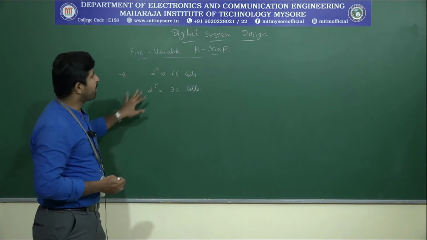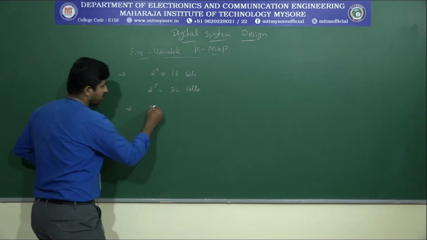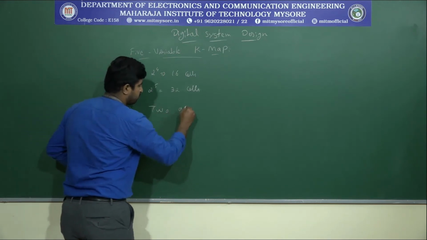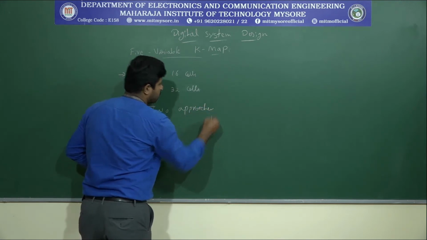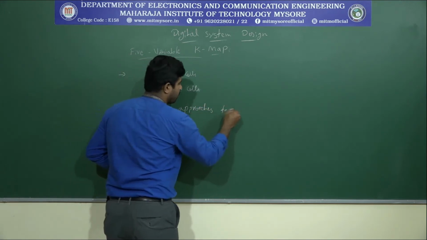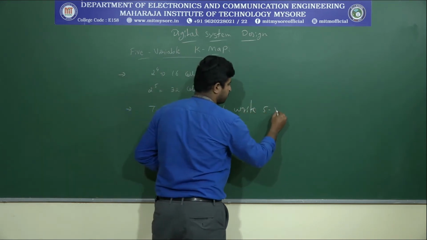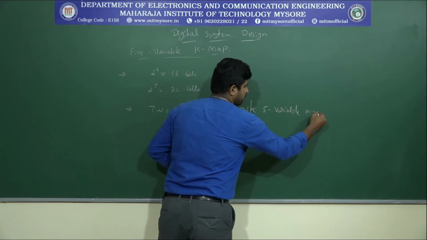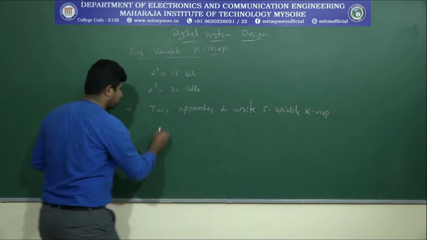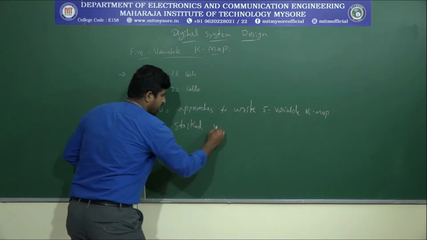When you are writing the K-map for 5 variables, there are 2 approaches. Two approaches to write a 5 variable K-map. So the first approach is called the stacked version.